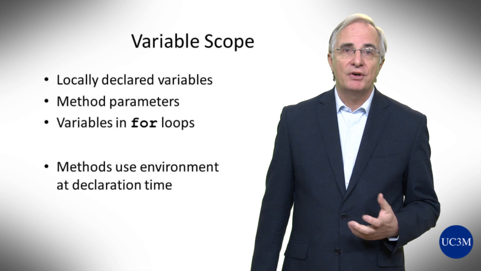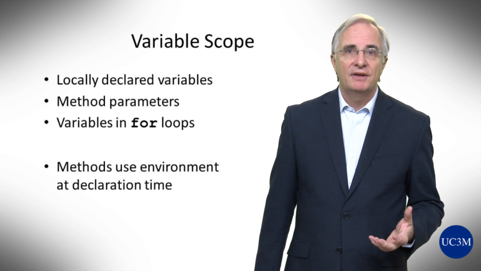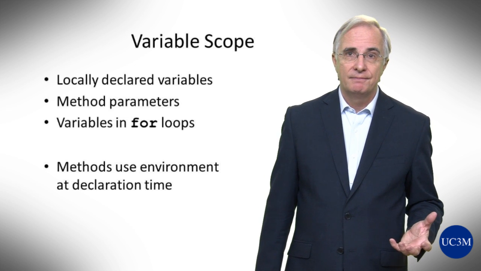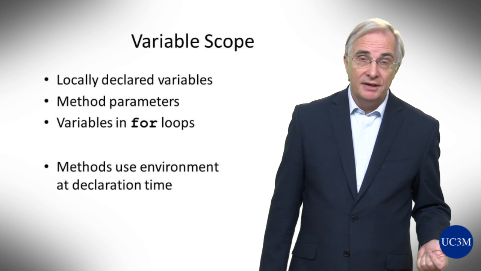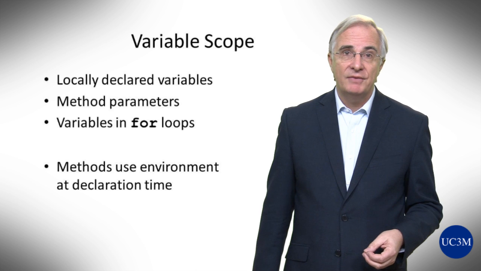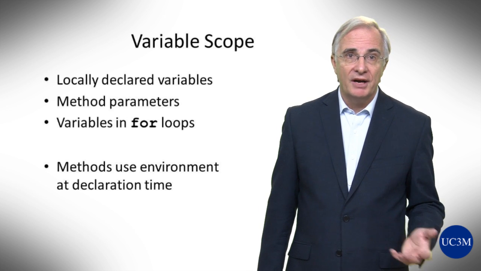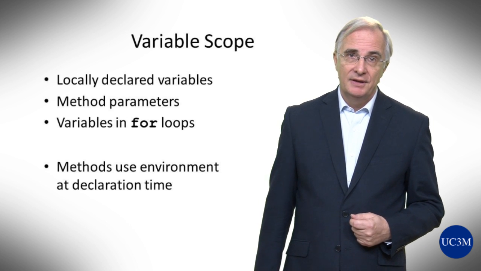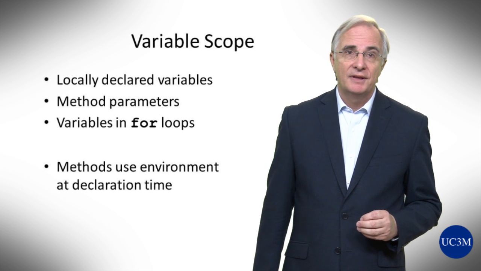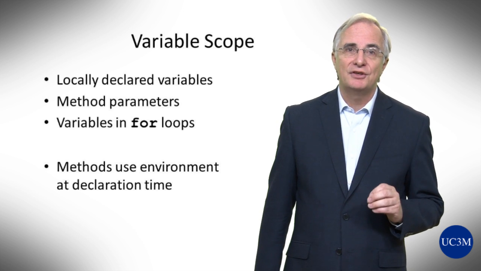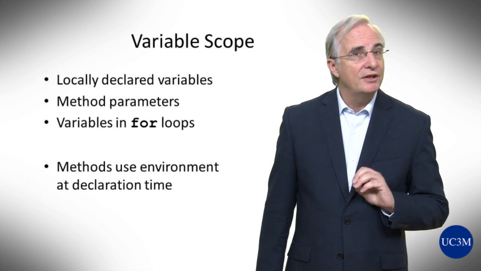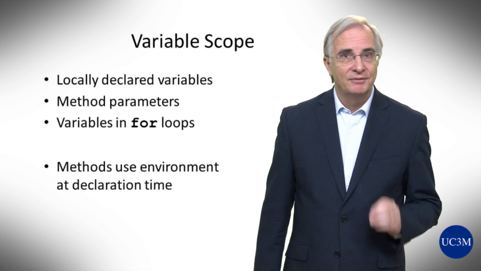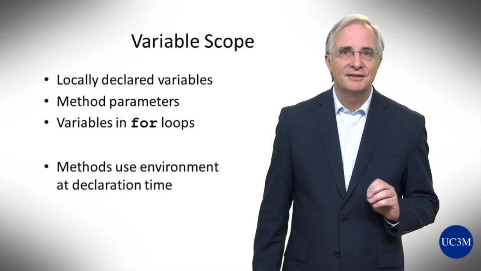A variable can be temporarily not visible if there's another one with the same name. Local variables can be defined explicitly or implicitly as variables in loops or parameters in methods. It is important to remember that the method gets its definition in the environment it is declared, not in the one it is called. Remember, once defined, carved in stone.